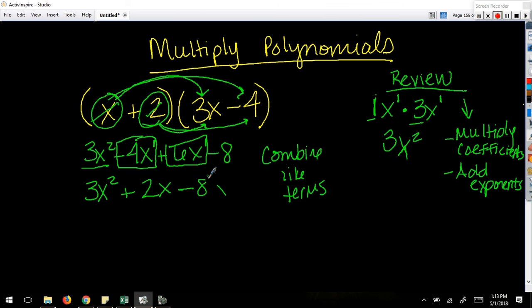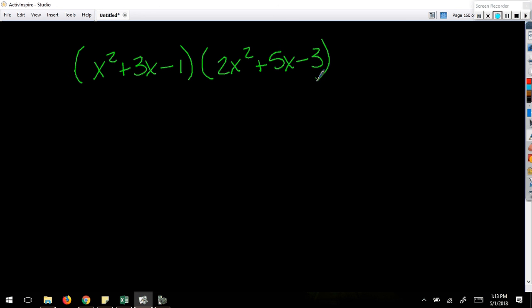I do want to show you one that's a little bit longer, just in case you get stuck on one like that. Maybe I have x squared plus 3x minus 1, and I want to multiply that by 2x squared plus 5x minus 3. And so what I want to do is the same process.